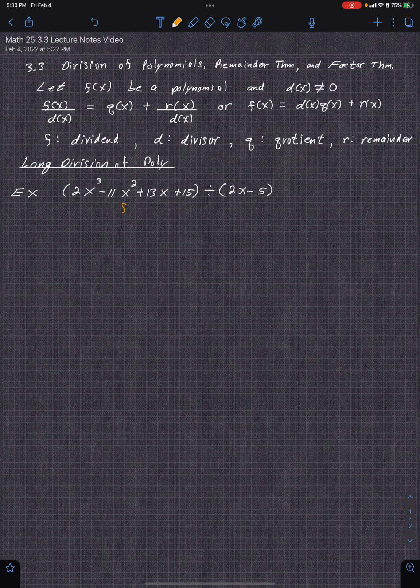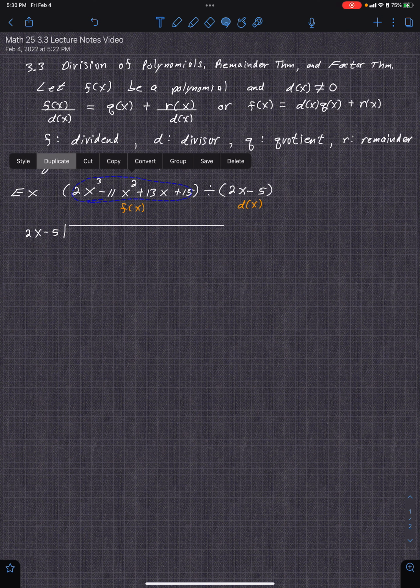This is the polynomial in question. That's like f of x. This is the divisor, d of x. And so you want to do that long division. Now, if you recall just regular numbers for long division, you put the divisor first. You say 2x minus 5 divided into all of the rest. So all of this. And you copy it, but I can duplicate it, put it here.